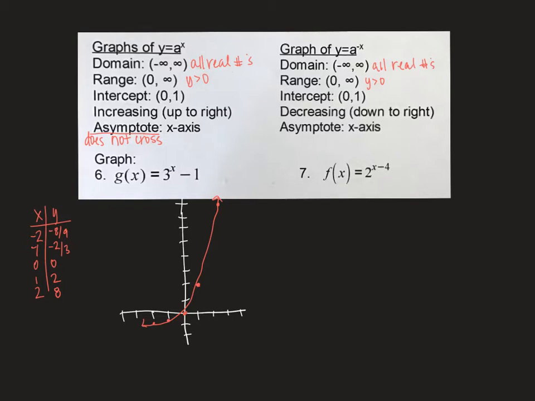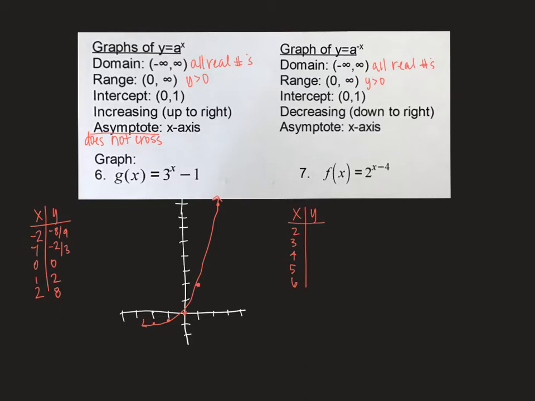When we look at number 7, f of x equals 2 to the x minus 4. I'm going to change the x values that I pick a little bit, because if I did -2, -2 minus 4 is going to give me -6, and that's quite a small number. So I'm just going to start at +2, and I'm going to go to +6.